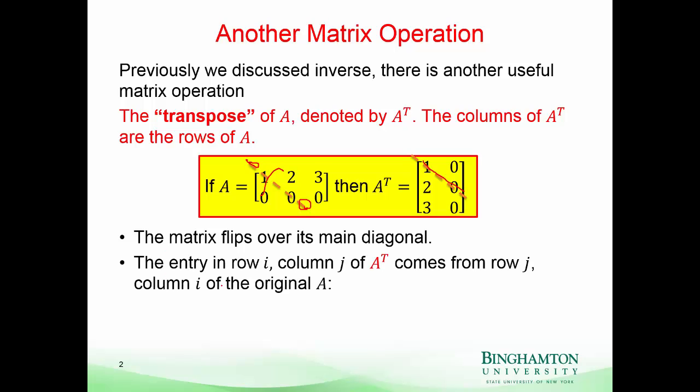Another way to think about this is that the entry in row i, column j of A transpose comes from row j, column i.